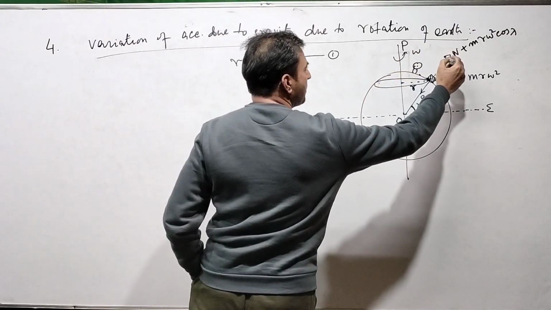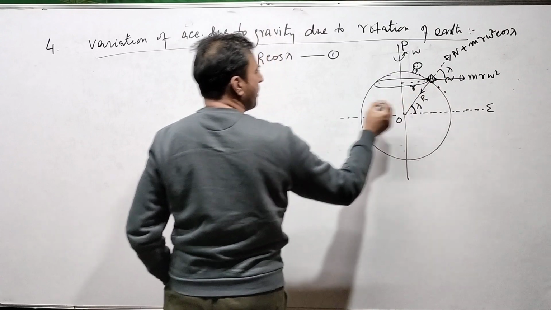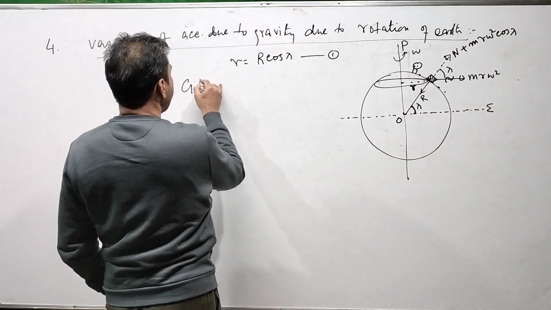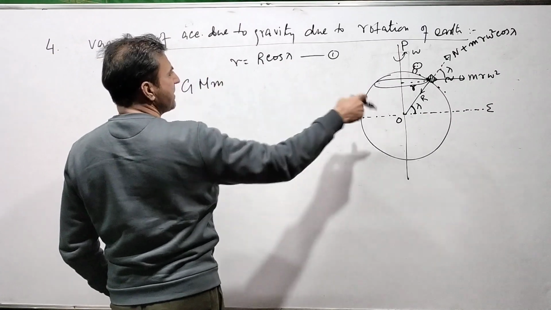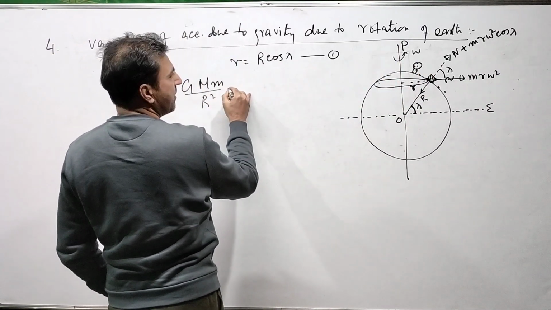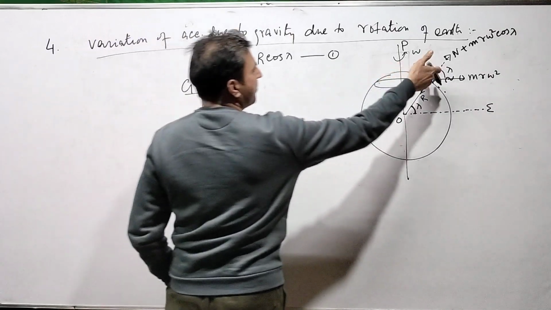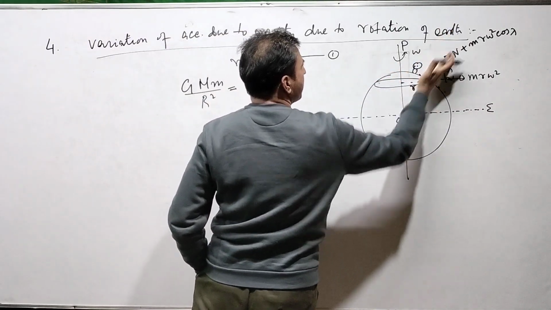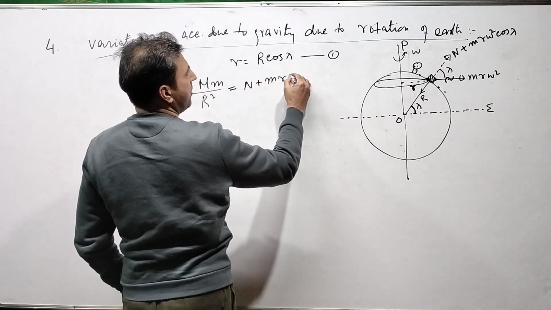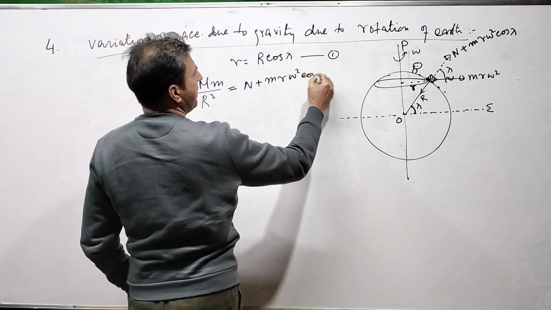Therefore, this force is balanced by the gravitational force. So the gravitational force, GMm/R², is equal to the force in the normal direction, that is N plus mrω² cos λ.